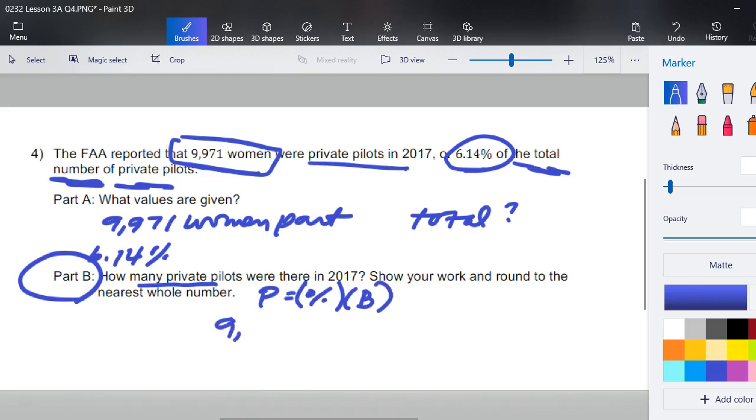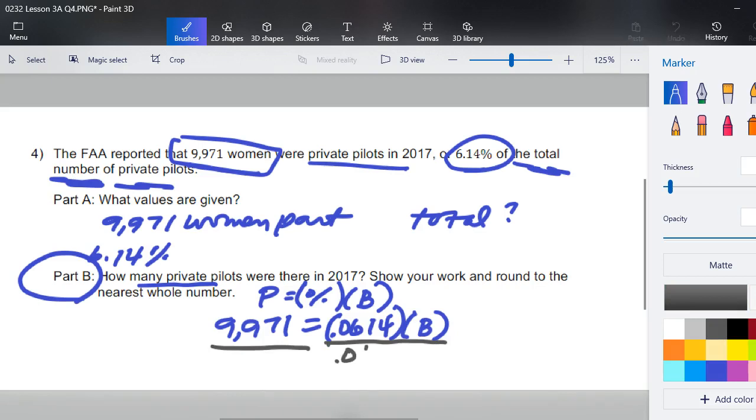We know the part, it's the women, and we know the percentage, and you remembered to convert it to a decimal, but we don't know the base, the total number of private pilots. So let's divide both sides by our 614 10,000ths.